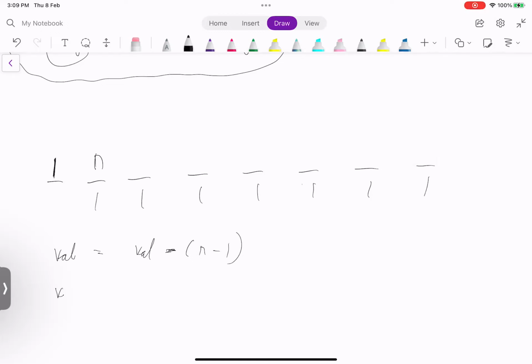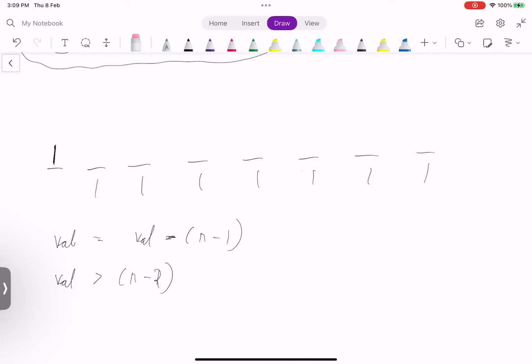And now if our value is greater than n minus 2, then we can just replace n over here and then put n minus 1 over here. That just means that we generated the following, right? 2, 2, 2, 2, 2, 2, and then we generated a 1 over here.